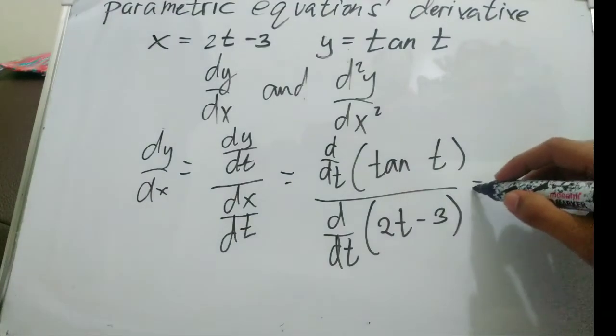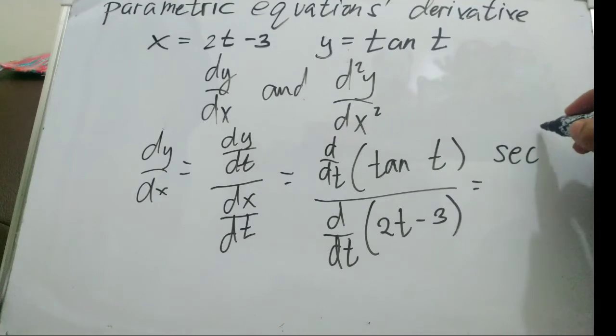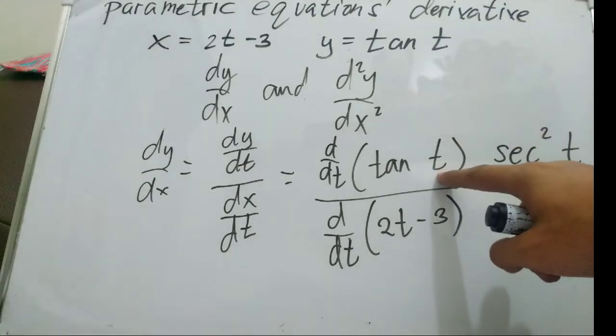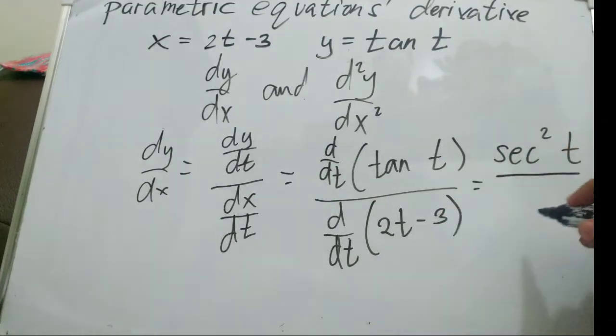Now this is secant squared t. Derivative of tangent is secant squared. Now, applying chain rule, the derivative of t with respect to t is simply 1, so we don't have to indicate times 1. This here would just be simply 2.